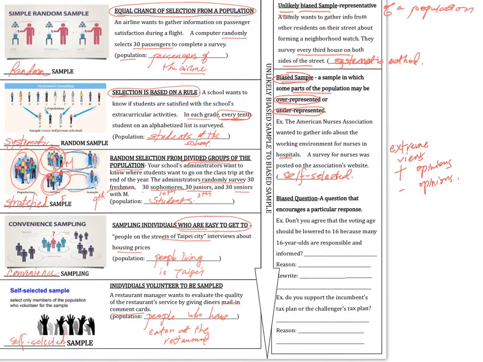Now let's look at a biased question. A question that encourages a particular response would be considered biased. So for example, don't you agree that the voting age should be lowered to 16 because many 16-year-olds are responsible and informed? The clause, because many 16-year-olds are responsible and informed, is trying to encourage and prove to the person being asked to say, yes, you must agree, but that would be biased.